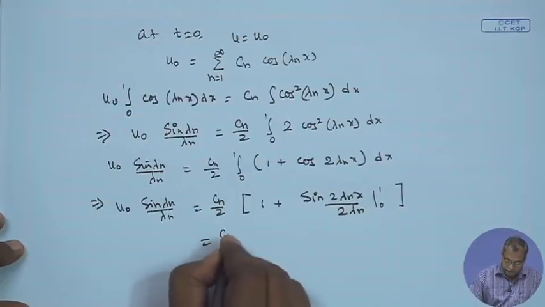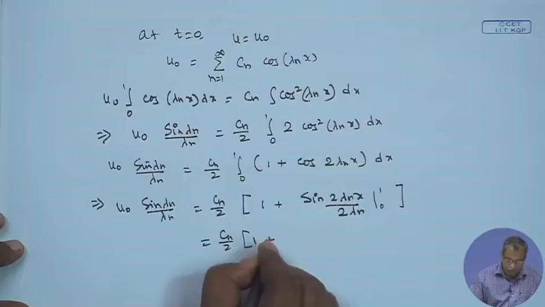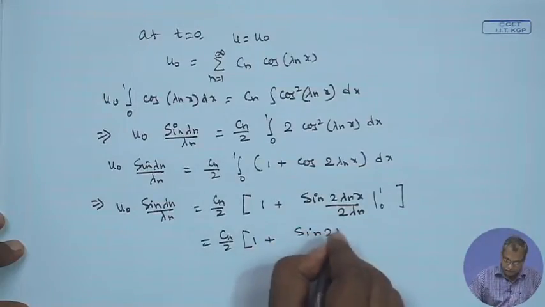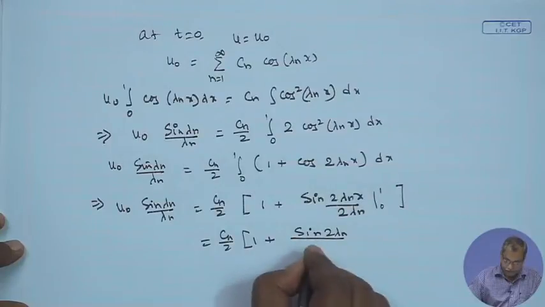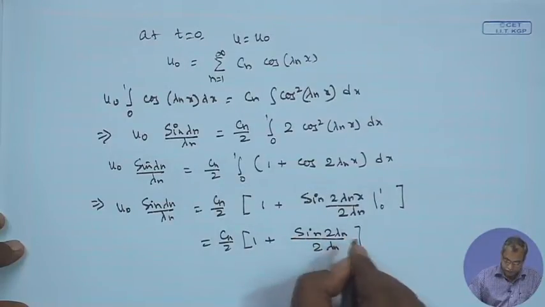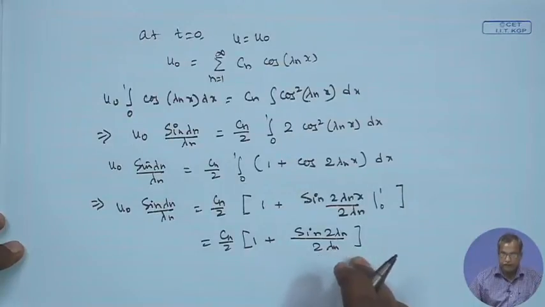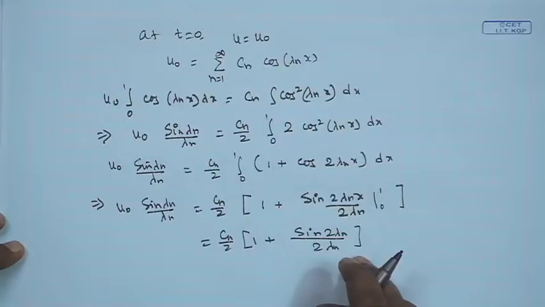So, you get Cn by 2 times 1 plus sin 2 lambda n divided by 2 lambda n. Now, we can express sin 2 lambda n in terms of tan lambda n, and we have the equation lambda n tan lambda n is equal to beta, and we can substitute that, and we will get a simplified version of the coefficient Cn.